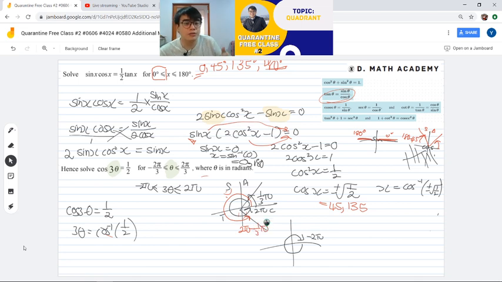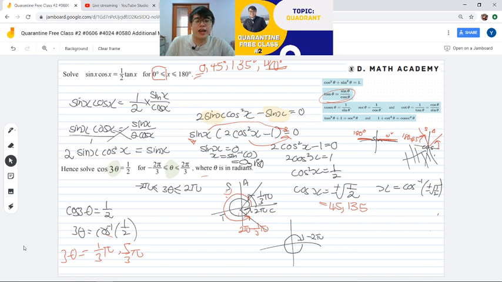So this is how you get the first two results. We should have 1 over 3 pi and 2 pi minus 1 over 3 pi, which gives 5 over 3 pi. So these are the first two results.